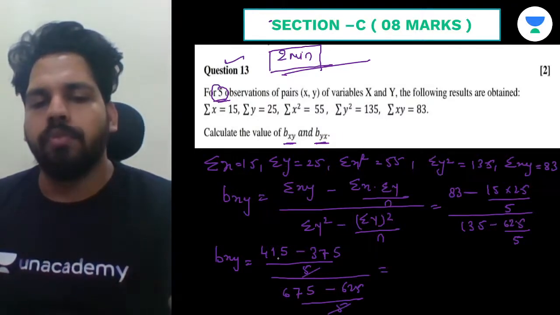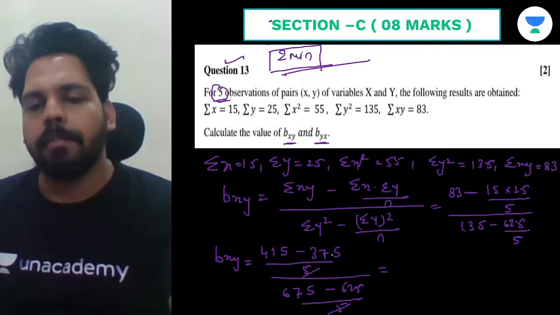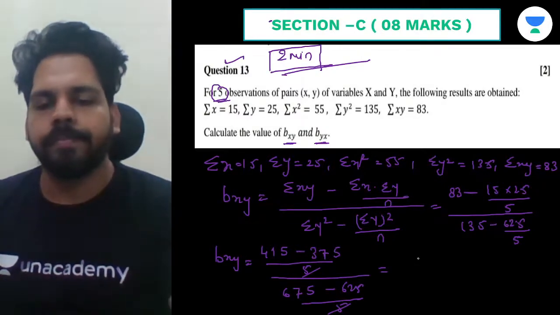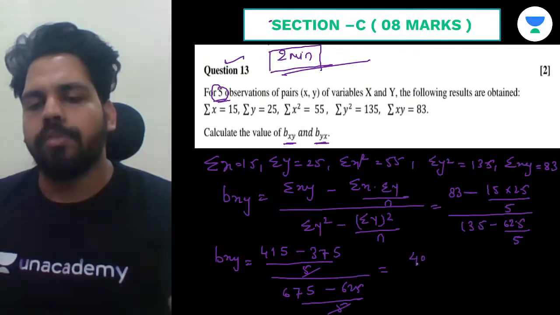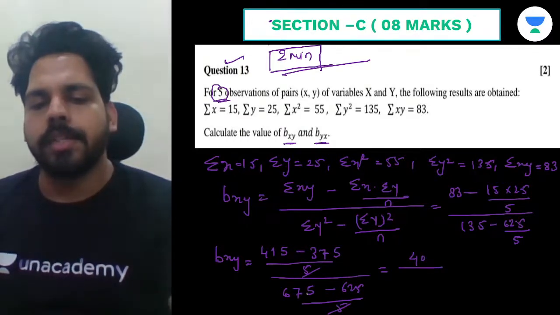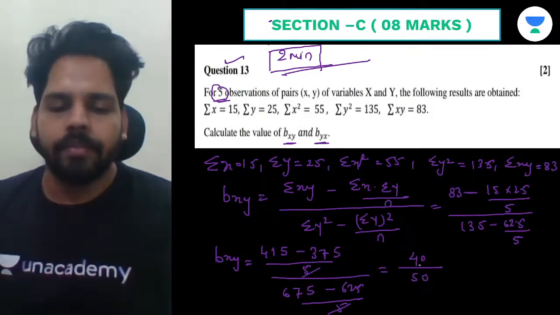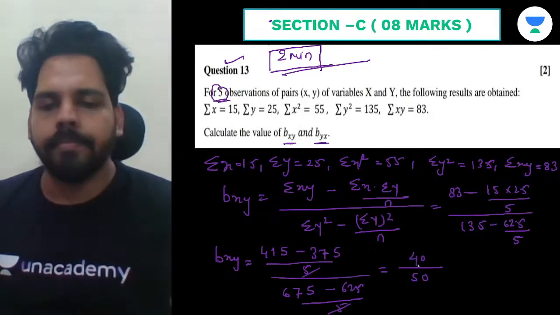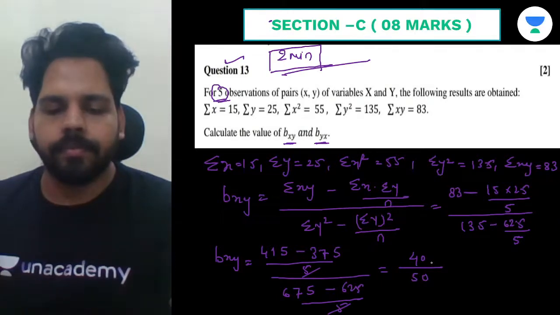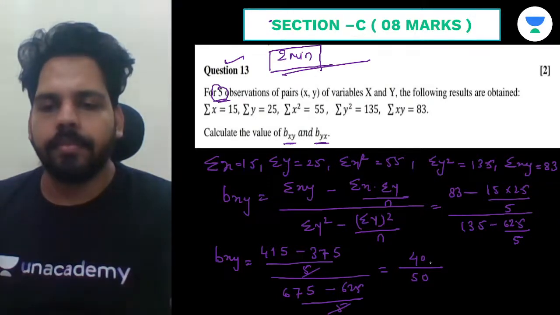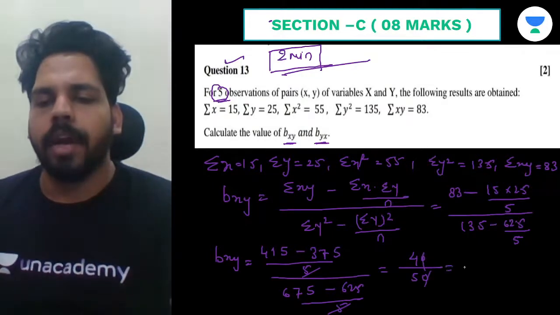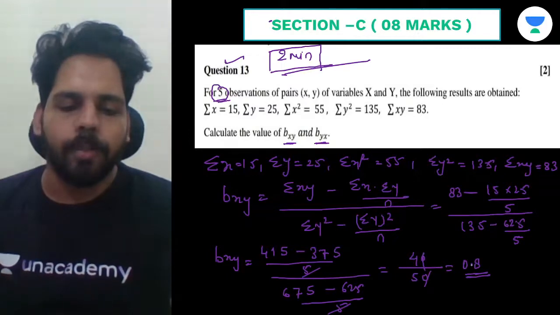We are getting 415 minus 375, which is 40, and here 675 minus 625, which is 50. Agree? I hope you are also getting the same. We can cancel them out and this will give you 0.8. The answer will be 0.8.